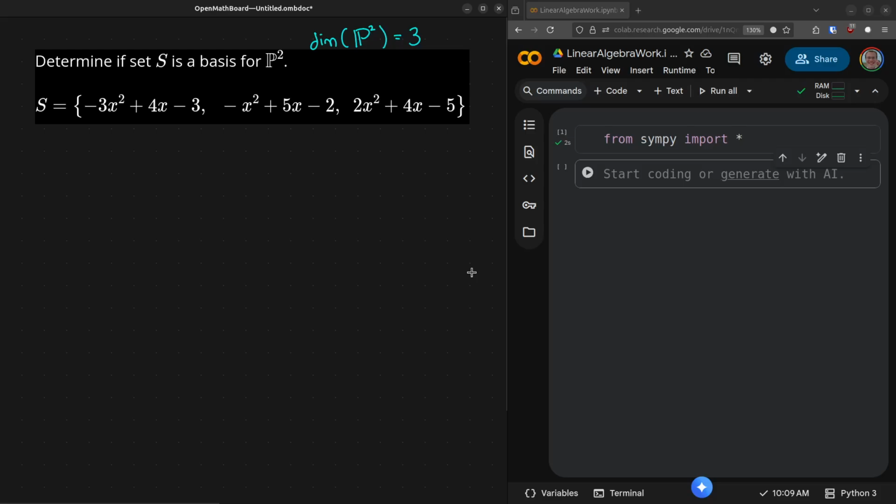A basis must be linearly independent. Now, we want to know if these vectors are linearly independent. So we want to know if we take the linear combination of these.